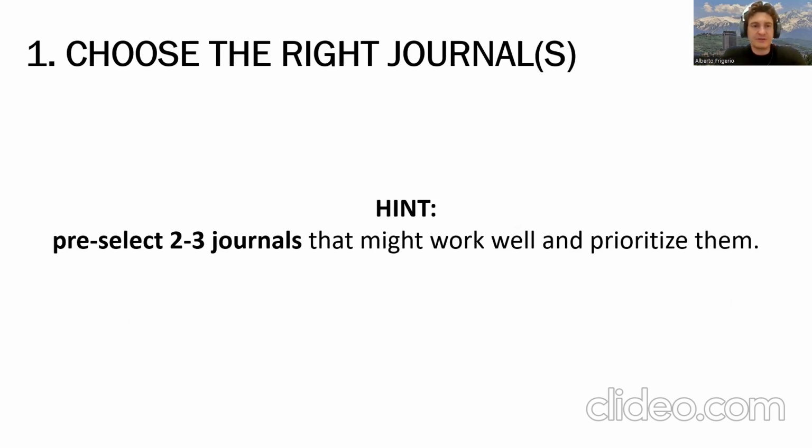I mean, keep 2 or 3 journals in mind when you plan to develop a research article, and then only in the end prioritize them and decide where to publish, because it might be that during the process your research took a different phase compared to what you planned in the early stage, or that you decided to focus more on a certain type of analysis instead of another one. So don't just focus on one journal. Always have some other options in your mind.